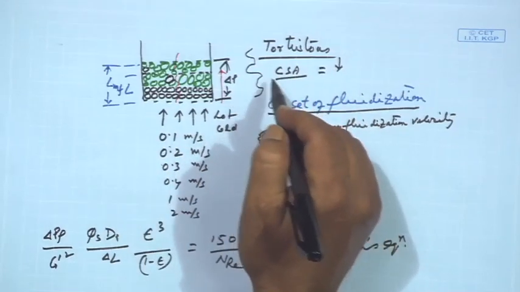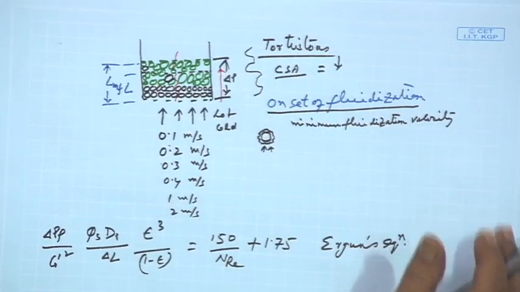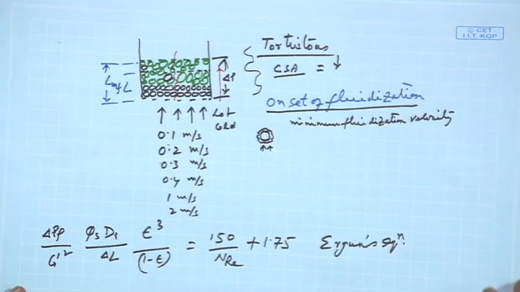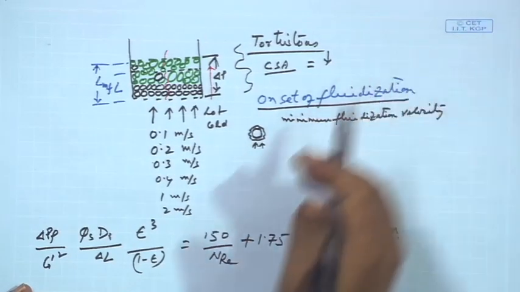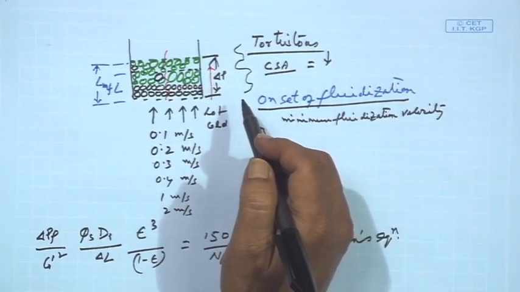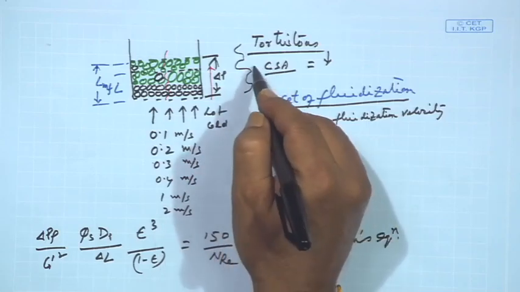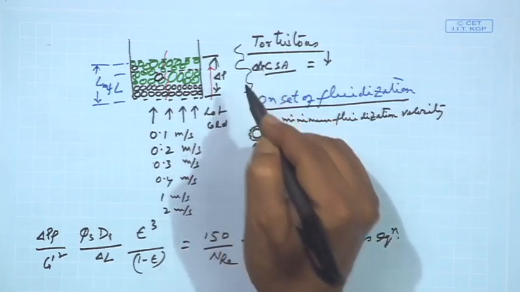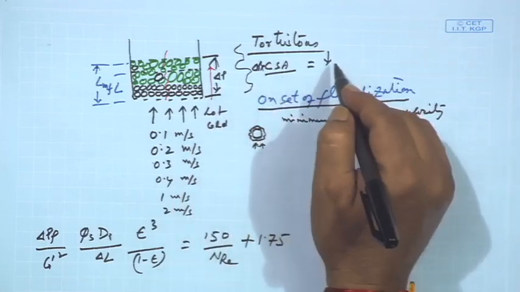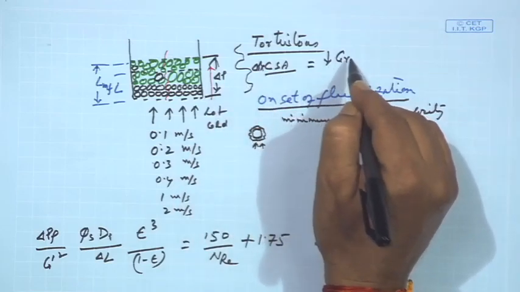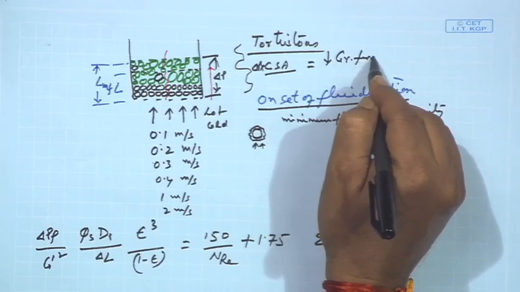So, when the velocity is such that delta P times CSA is equal to the gravitational force, right.